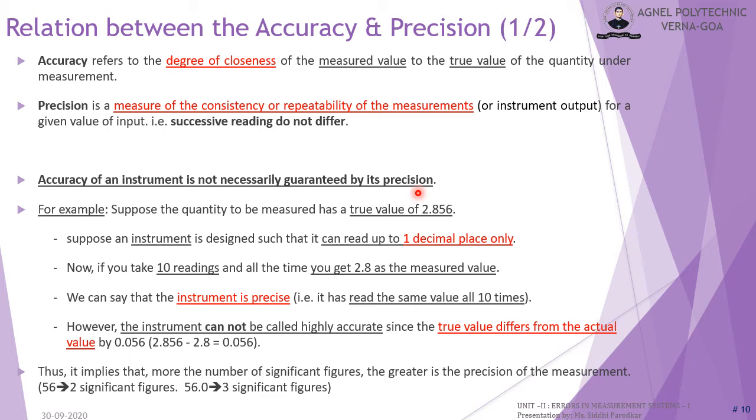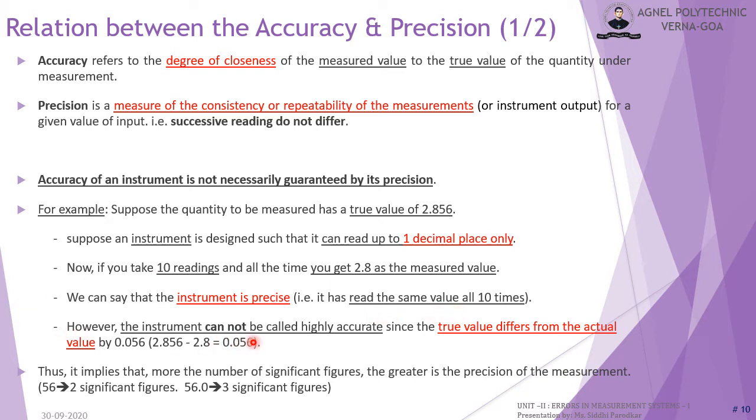Let us see this with an example. Suppose the quantity to be measured has a true value of 2.856, and suppose an instrument is designed such that it can read up to 1 decimal place only, and if you take 10 readings and all the time you get 2.8 as the measured value, we can say that the instrument is precise as it is giving the same reading all 10 times.